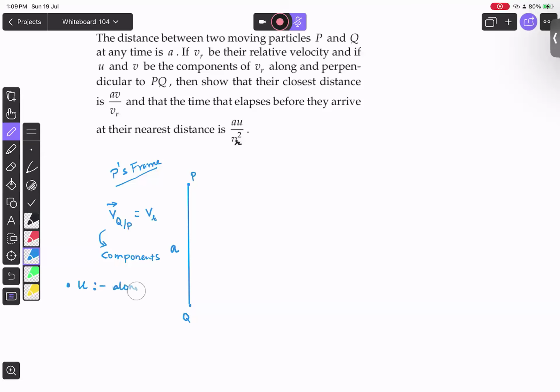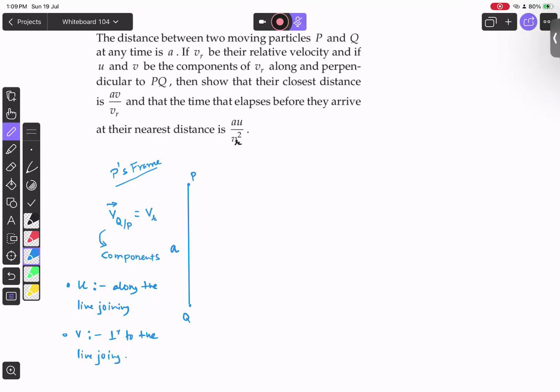So this is along the line joining them, and V is the component perpendicular to the line joining them. And what all things do I have to find?